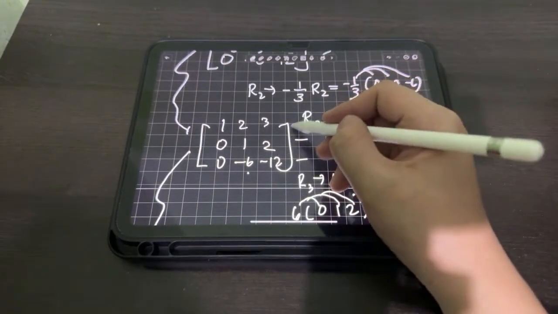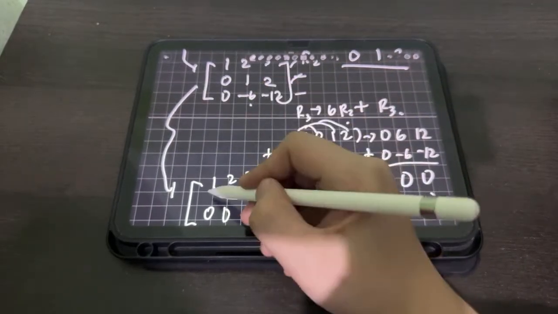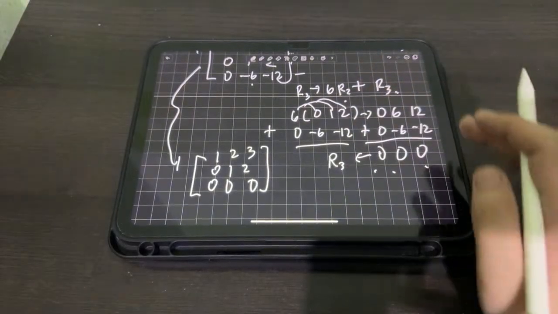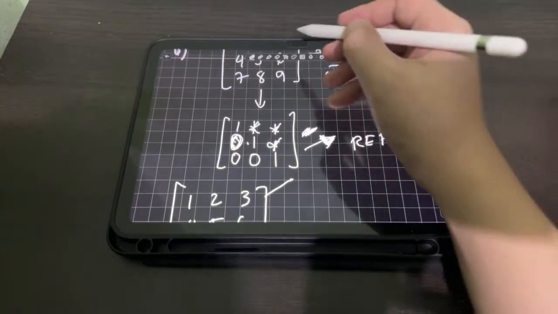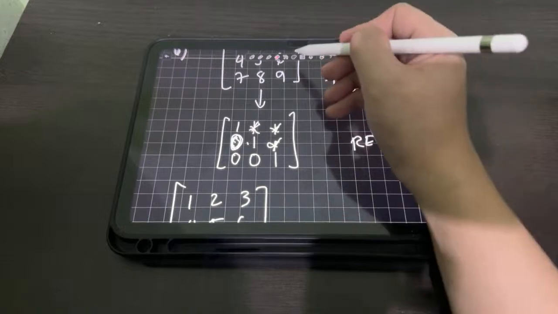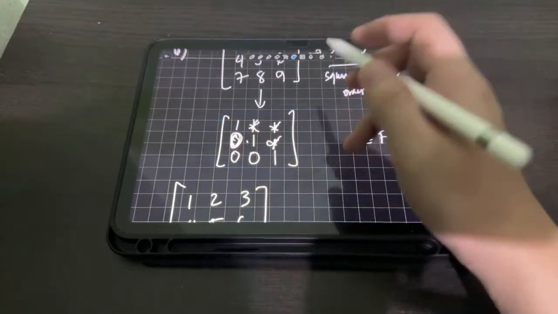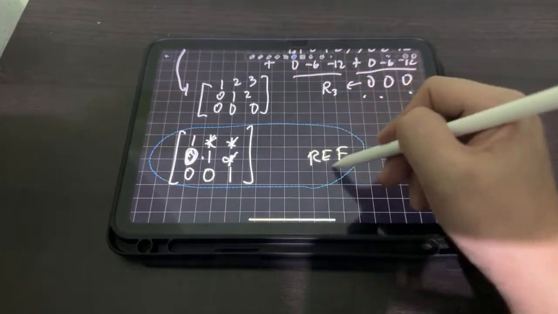And then copy the entries in the first and second row. 1, 2, 3, 0, 1, 2. Okay, actually, the initial form of REF that we have assumed is not really the final form of REF. This is the original REF form that we assumed for the 3 by 3, right?